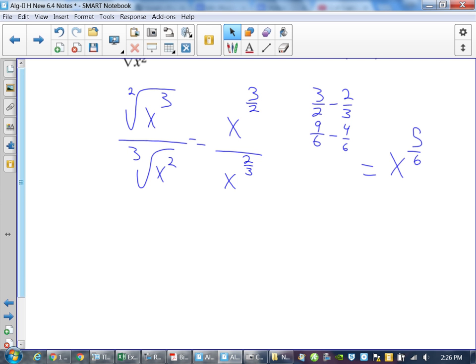It really depends on what it asks. I think the old book does it both ways. This would be one way to write the answer, or the other would be the 6th root of x to the 5th. Both of those are equivalent statements because of the rules of nth roots and exponents.